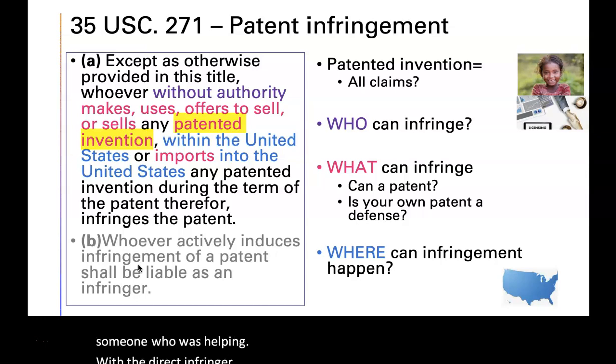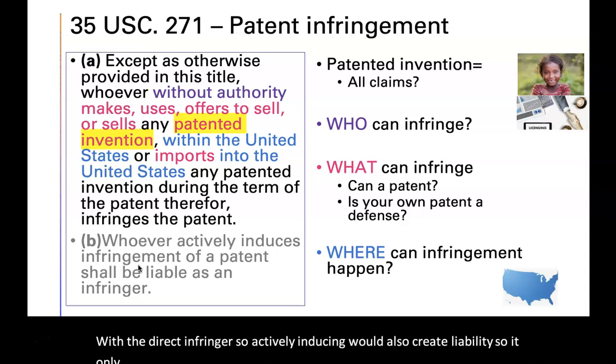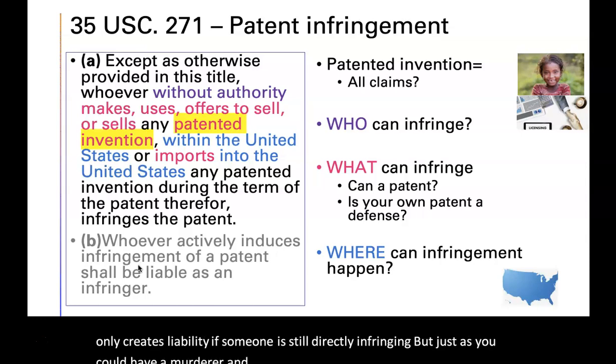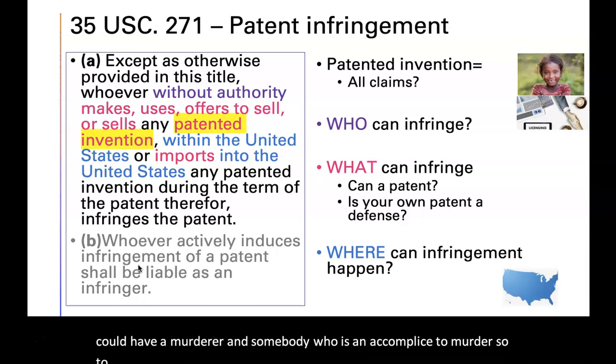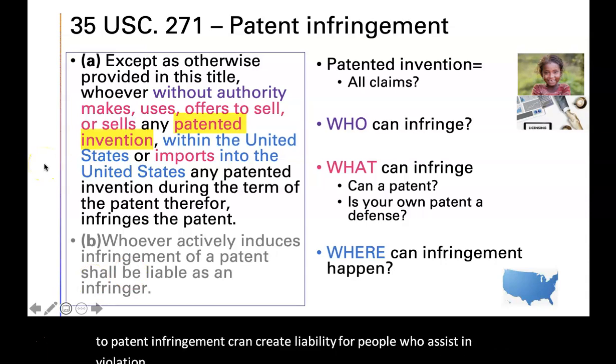So actively inducing would also create liability. It only creates liability if someone is still directly infringing, but just as you could have a murderer and somebody who is an accomplice to the murder, so too patent infringement can create liability for people who assist in violation of a patent. So hopefully that's a helpful overview of the big picture of 271(a).